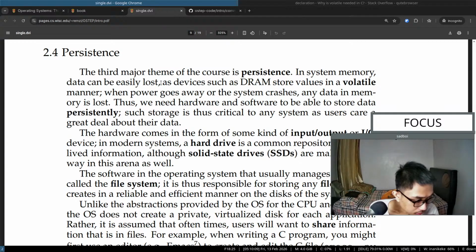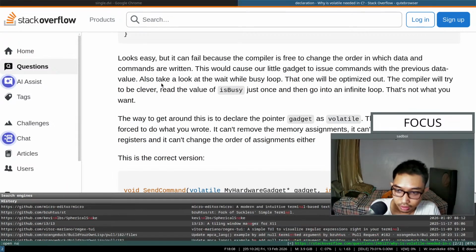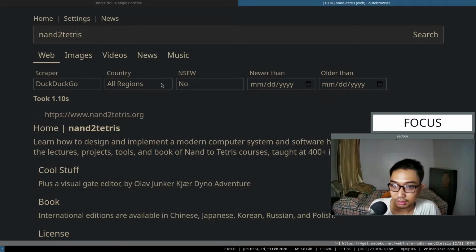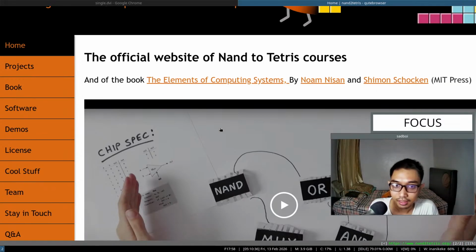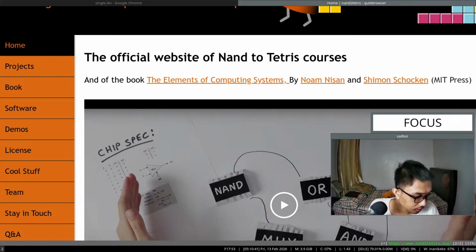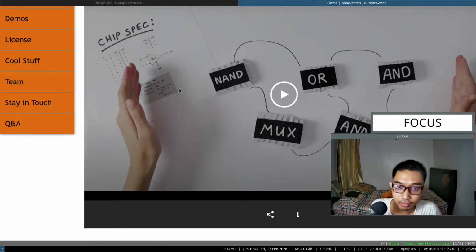I know a course called Nand to Tetris. It's so cool. Basically, it makes you build a whole computer from zero, with its operating system, starting from nothing. Oh, I've heard about that. Nand to Tetris. Let's take a look. This one, right? Wait, let me copy this in the chat, if anyone wants to take a look.